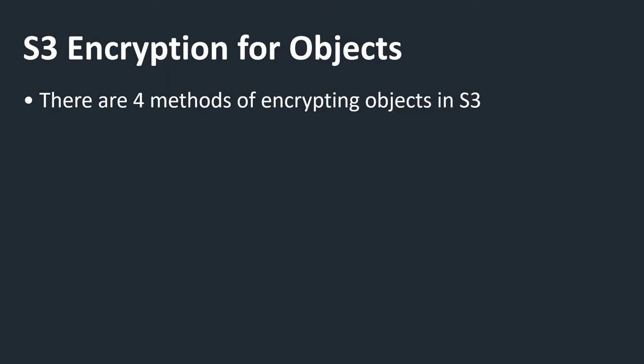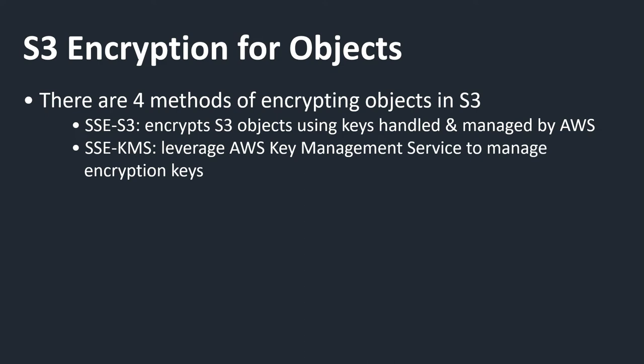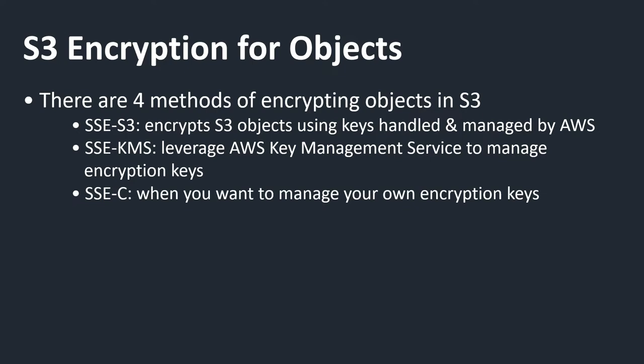The first one is called SSE-S3. This is to encrypt S3 objects using keys handled and managed by AWS. The second one is SSE-KMS, to leverage the AWS Key Management Service to manage your encryption keys. The third one is SSE-C, when you manage your own encryption keys.